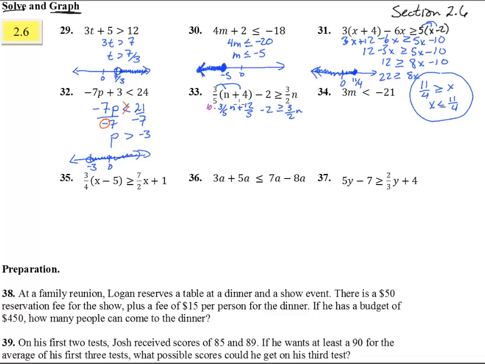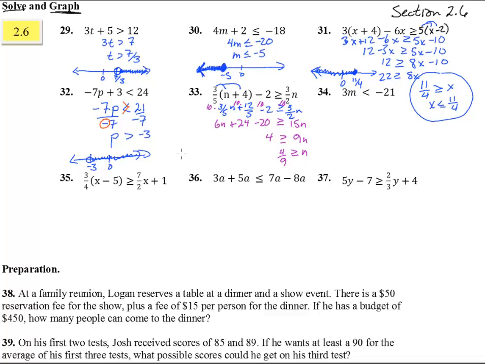I'm going to multiply everything by 10. 10 times 3/5 is going to be 6n plus 24 minus 20 greater than or equal to 15n. So if I subtract 6n over here, I get 9n is less than or equal to 4. Divide both sides by 9, and I get n is smaller than or equal to 4/9.